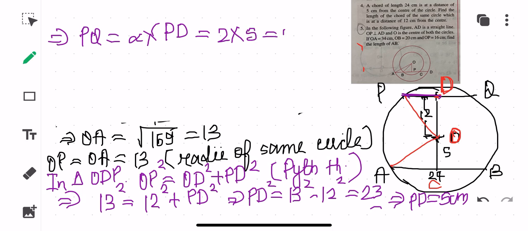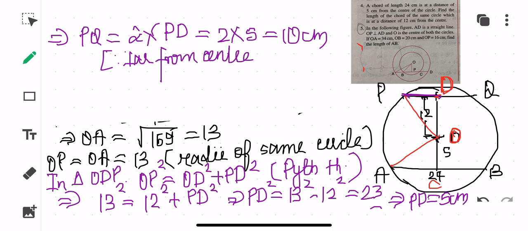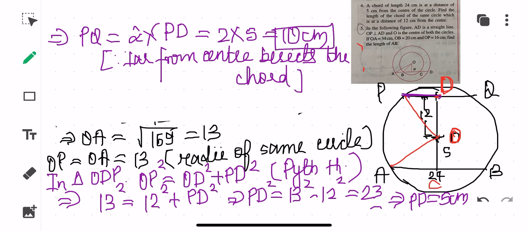So this is coming out to be 10 centimeter. Again here you need to write down the reason, children, since perpendicular from center bisects the chord. Because how did you know that both the parts are equal? Because of this particular theorem. Okay, so this is coming out to be equal to 10 centimeter.